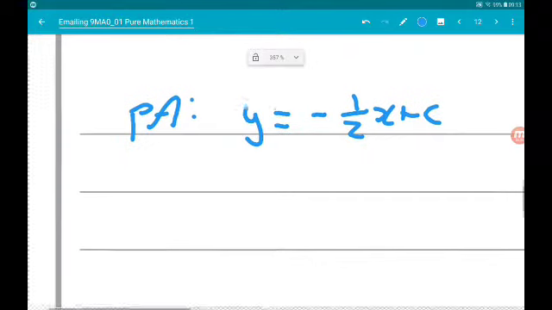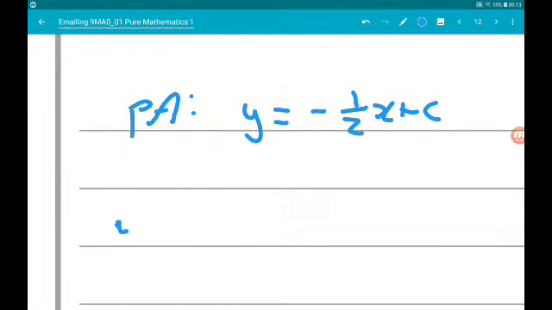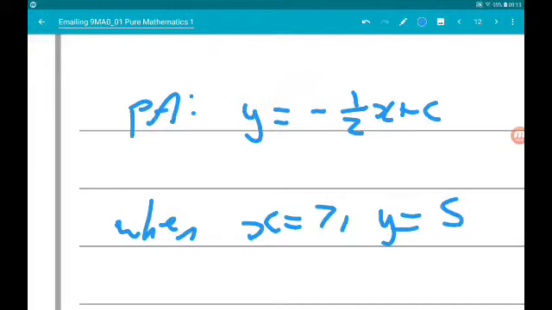Now we know a point on this line is the centre of the circle, so when x is 7, y is equal to 5.